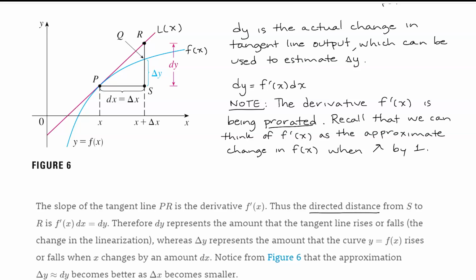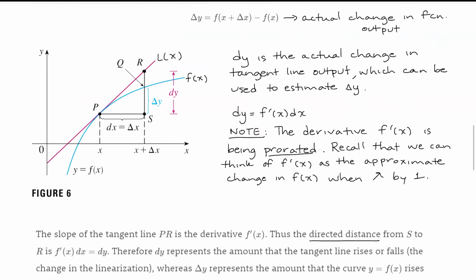So they're talking here about directed distance, right? Again, that differential dy is f prime times dx. So dy, as it says here, represents the amount that the tangent line rises or falls, whereas delta y represents the amount that the actual function rises or falls.